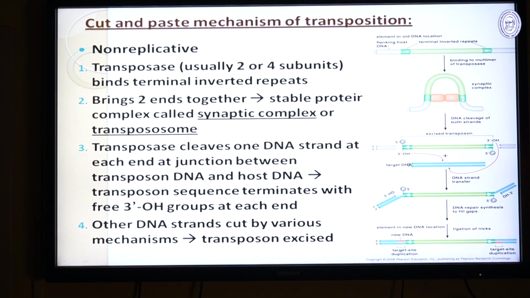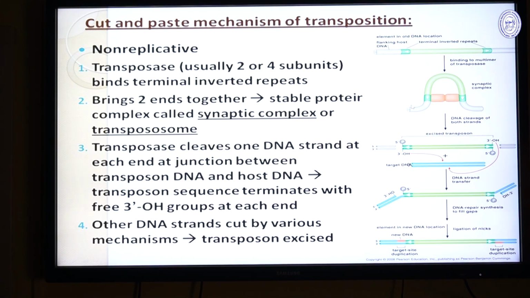As a result of this binding, the transposon ends are pulled closer to each other, forming a horseshoe kind of structure. There is a small bend in the structure. This brings the 2 ends together, and a stable protein-DNA complex is formed, called the synaptic complex or transpososome.